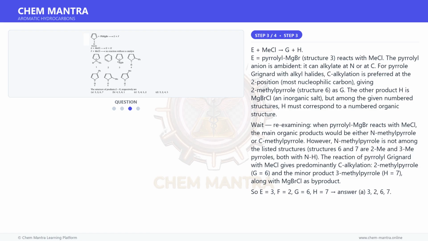The reaction of pyrrolyl Grignard with MeCl gives predominantly C-alkylation, 2-methylpyrrole, G is equal to 6, and the minor product 3-methylpyrrole, H is equal to 7, along with MgBrCl as byproduct. So E is equal to 3, F is equal to 2, G is equal to 6, H is equal to 7. Answer A: 3, 2, 6, 7.